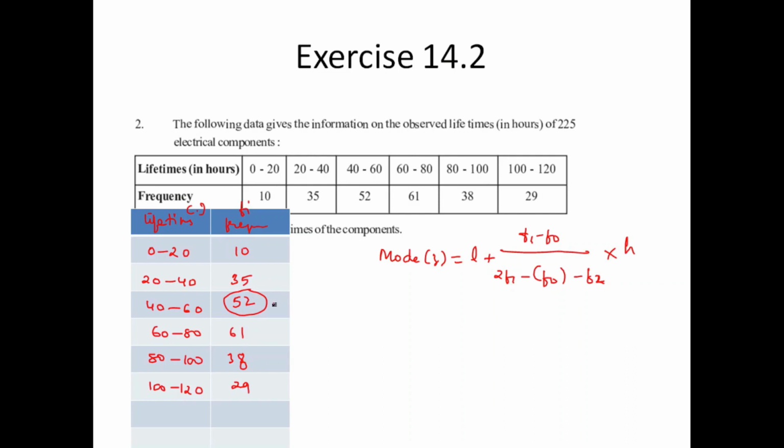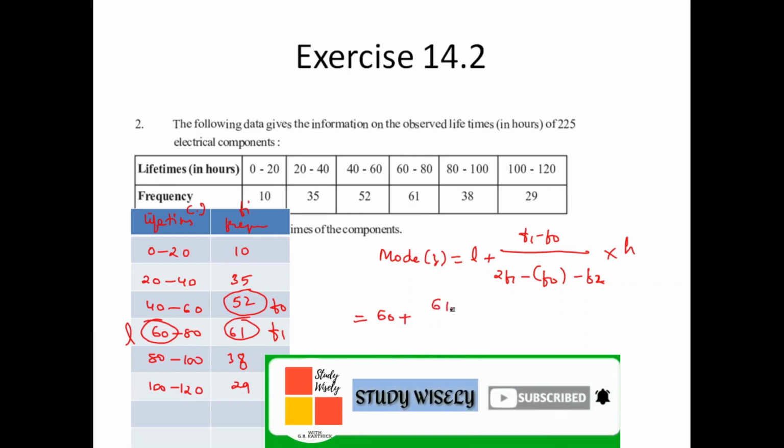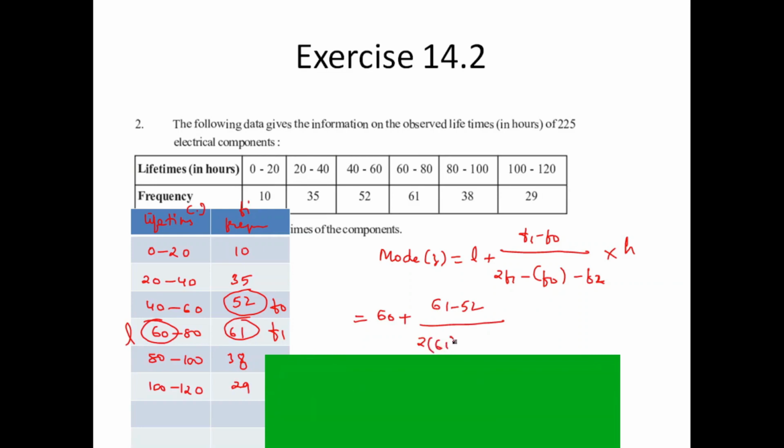No, not 52, the maximum is 61. So this is your F1, this is F0, this is F2, and the class with F1 gives your L value. H is your difference, H is equal to 20. So the lower limiting value is 60 plus (61 minus 52) by (2 into 61 minus F0, your 52, minus F2, 38) and this difference is around 20.